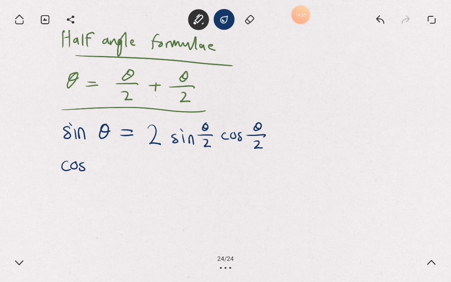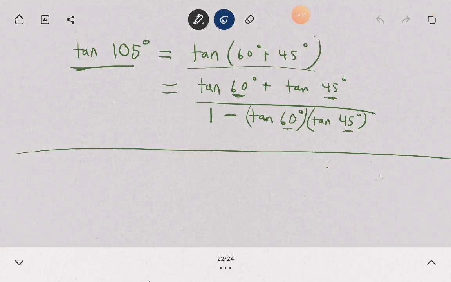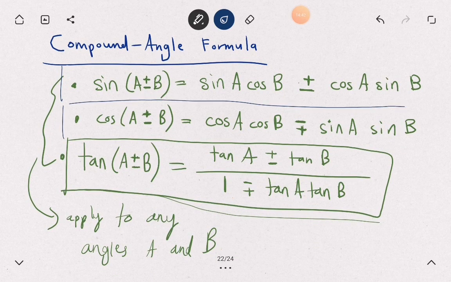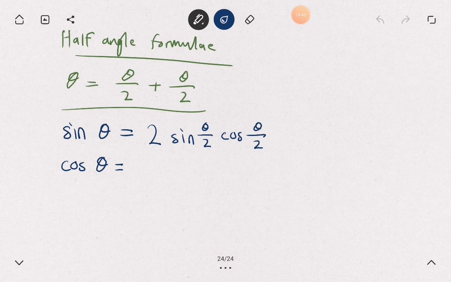Now cos theta also, you do the same thing. You choose the cosine formula, and then you will get cos theta over 2, sorry, let me just write it in. So theta is equal to theta over 2 plus theta over 2.